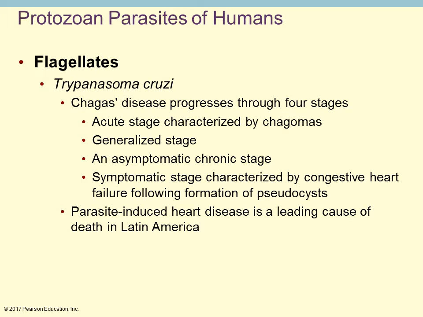There are 4 general stages of Chagas disease. In the last stage, oftentimes what we tend to see ultimately is the patient develops congestive heart failure. This is actually one of the leading causes of death in Latin America: parasite-induced heart disease.